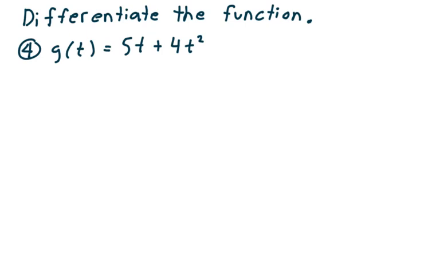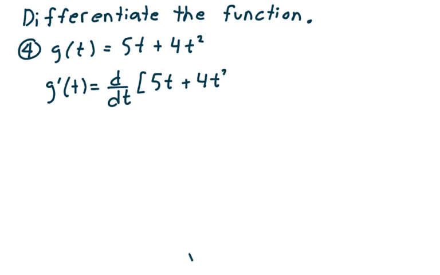So I'm going to write this out for the first couple of examples longhand, and then I'm going to show you how we're going to do this in practice. Okay? So g prime of t is the derivative of 5t plus 4t squared with respect to t.